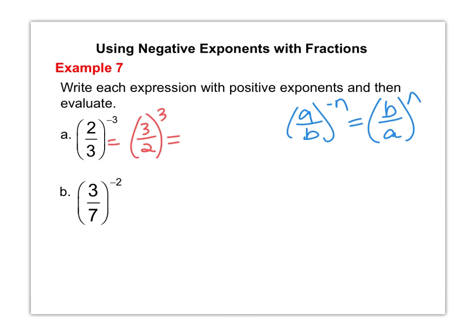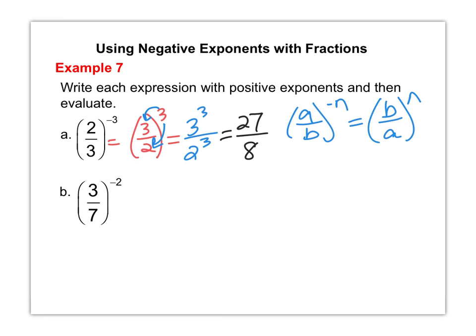And now we can share that power with the numerator and the denominator, and that will give us 3 to the third in the numerator over 2 to the third in the denominator. When we simplify that, 3 to the third in the numerator is 27, and 2 to the third in the denominator is 8. We can leave our answer in this form.